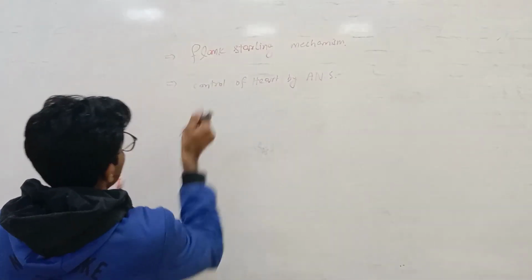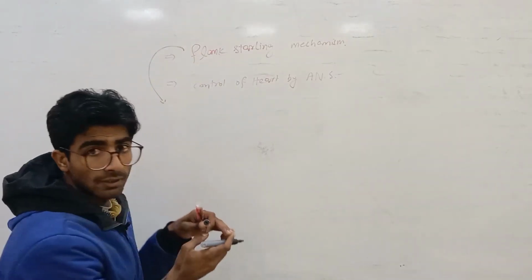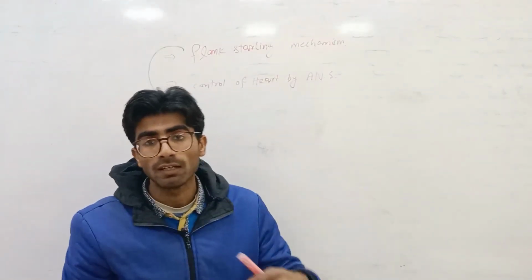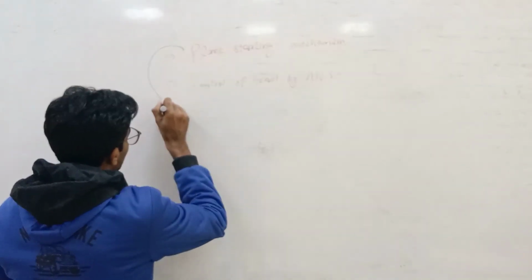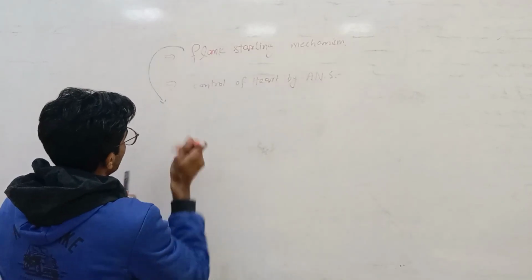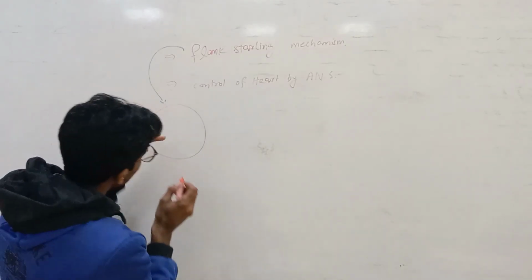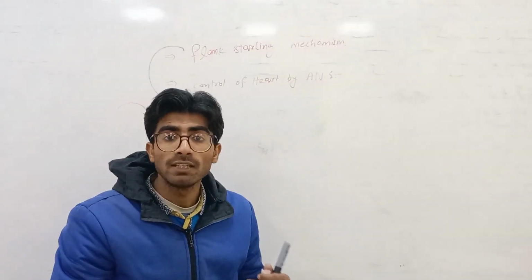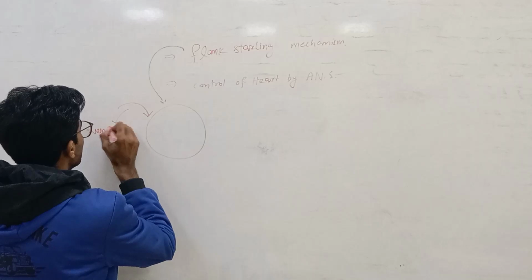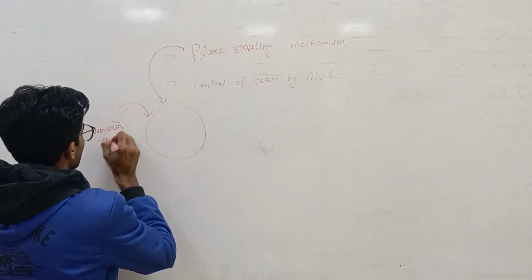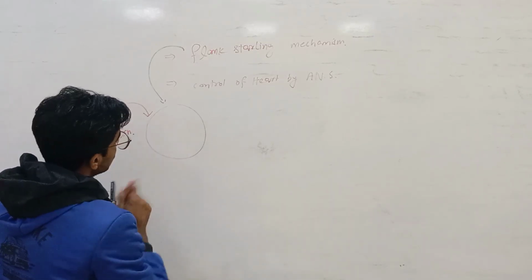By the first method, when blood comes from the veins into the heart, it is known as venous return. What is venous return? From the veins, blood enters into the heart.